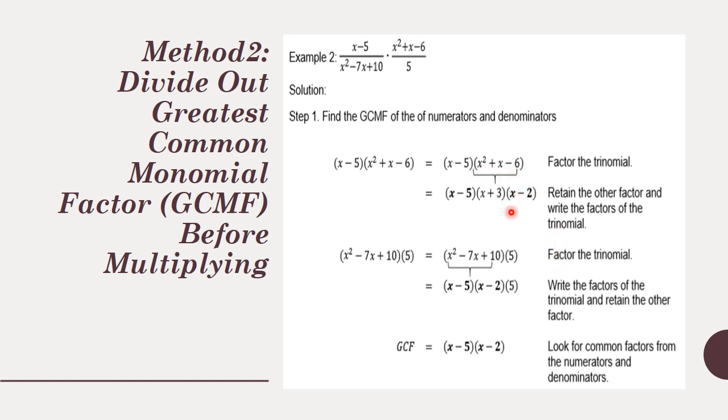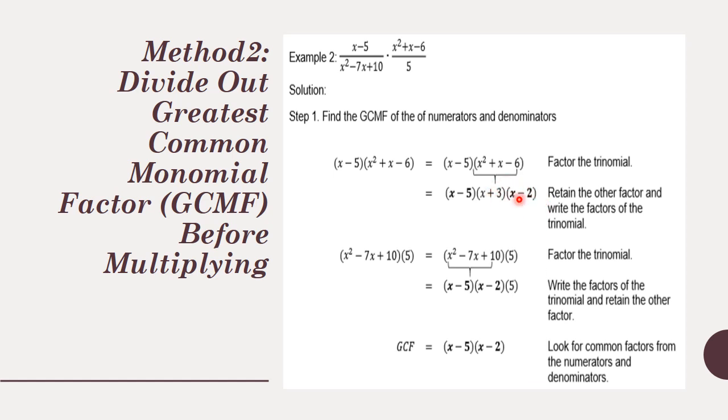So factor it out. Retain the other factors and write the factors of the trinomial. The factors of the trinomial are x plus 3 and x minus 2.